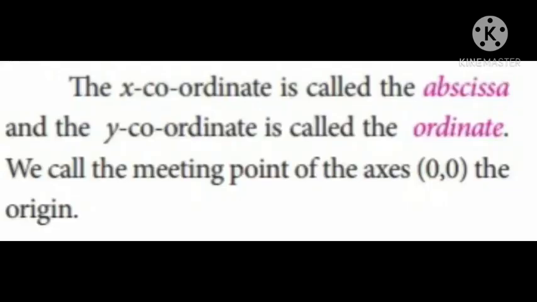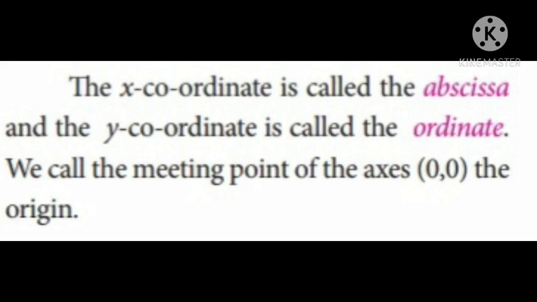We all know that a point in a graph is x comma y. Here the x coordinate is called the abscissa and the y coordinate is called the ordinate. The x value is taken as abscissa and the y value is taken as ordinate.